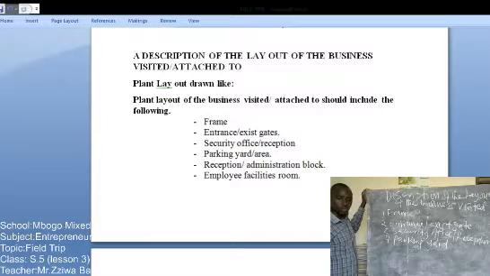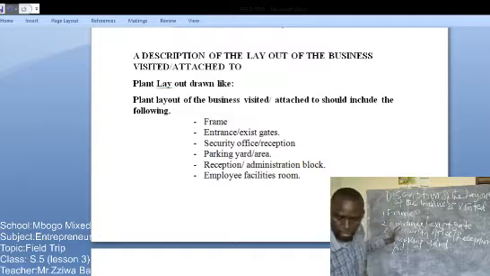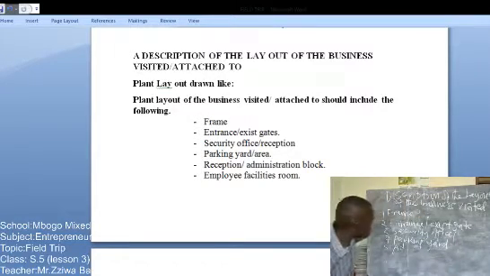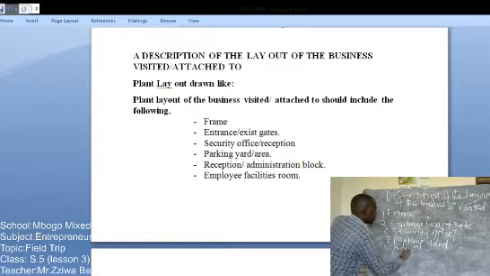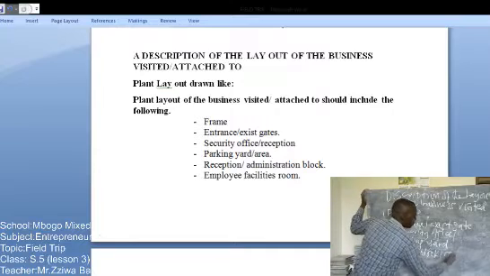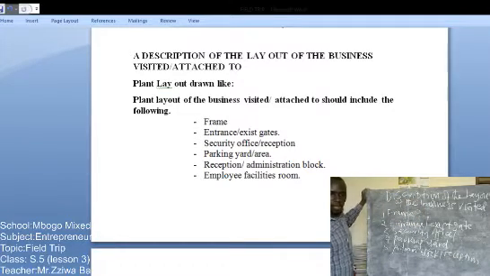We have administration block, admin block, or reception. That is another key element. Okay?